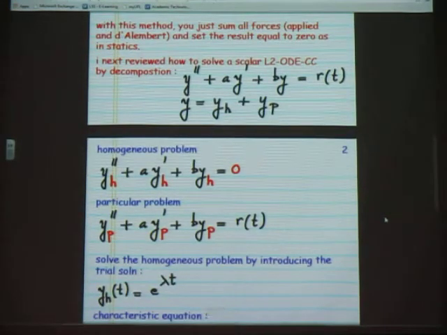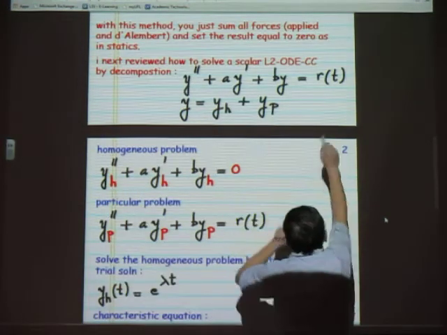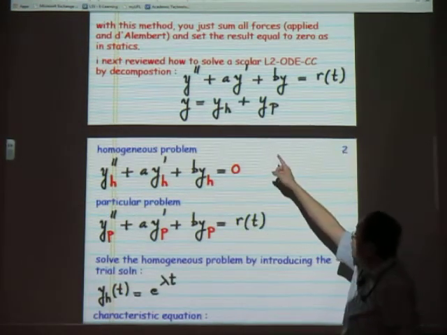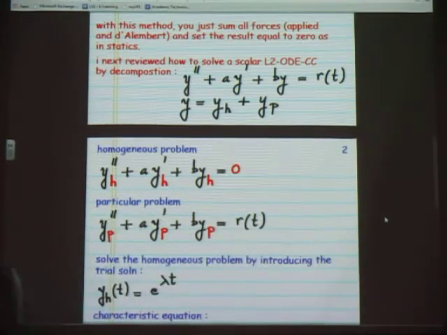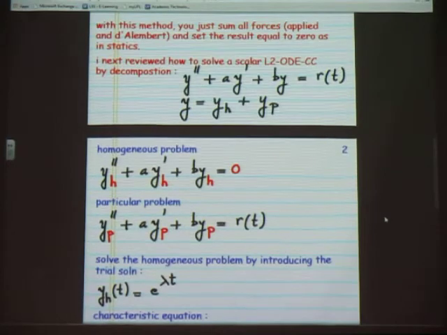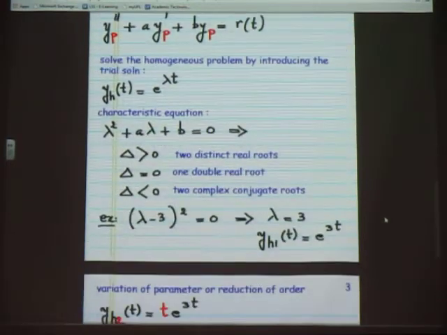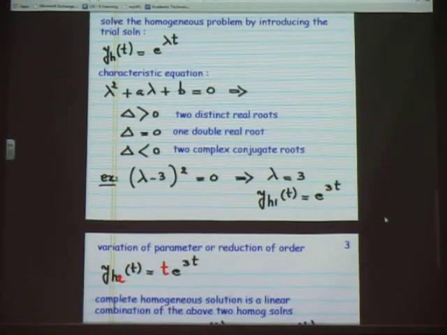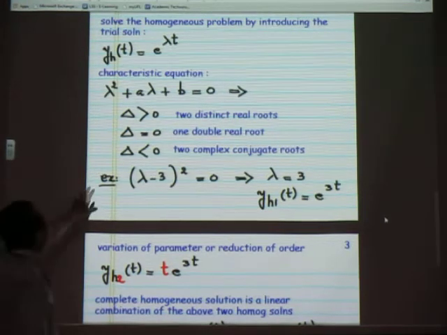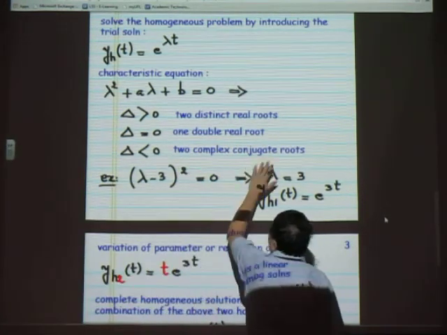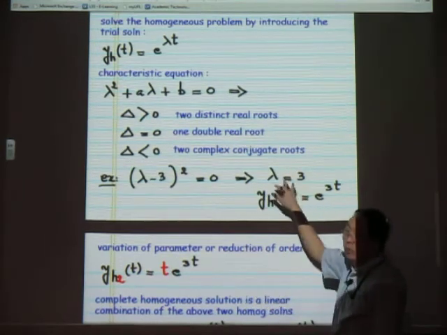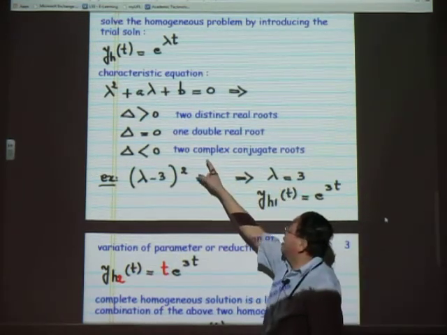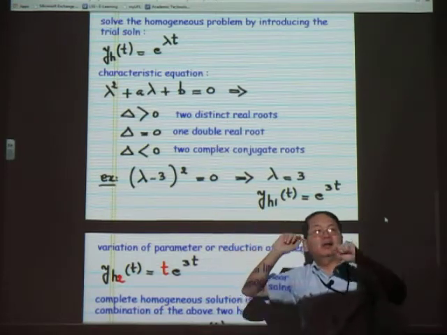This is how you would decompose a linear second order ODE with non-zero excitation into a homogeneous problem and a particular problem. And when you solve a homogeneous problem, you get a characteristic equation, right? And I give an example of a one double real root, okay? So here you have one root, but I'm asking for the meaning of the word double.